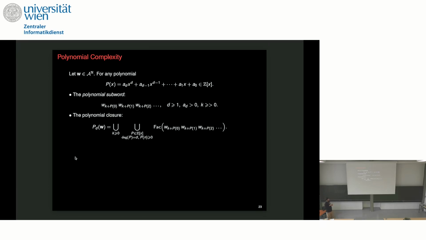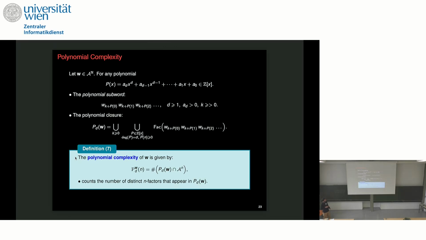That's why we need the leading coefficient to be positive. We consider all of these factors as a polynomial closure with degree d. The degree is fixed, not changing. And we define the polynomial complexity.